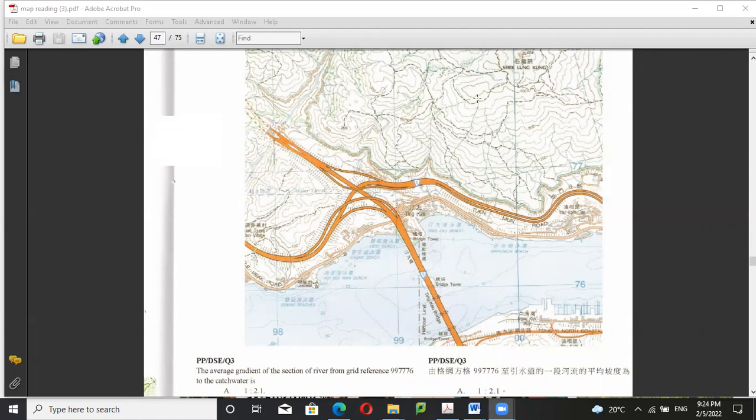I think it should be this one. Then the path to be calculated should be like this.